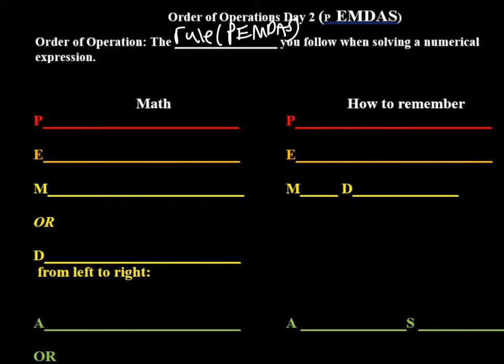So let's start. The P in PEMDAS stands for parentheses, and it's spelled P-A-R-E-N-T-H-E-S-E-S. Parentheses are these two brackets that look like this.